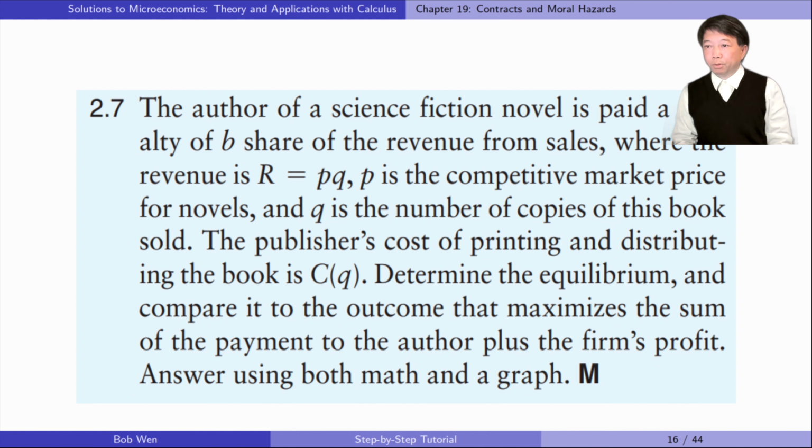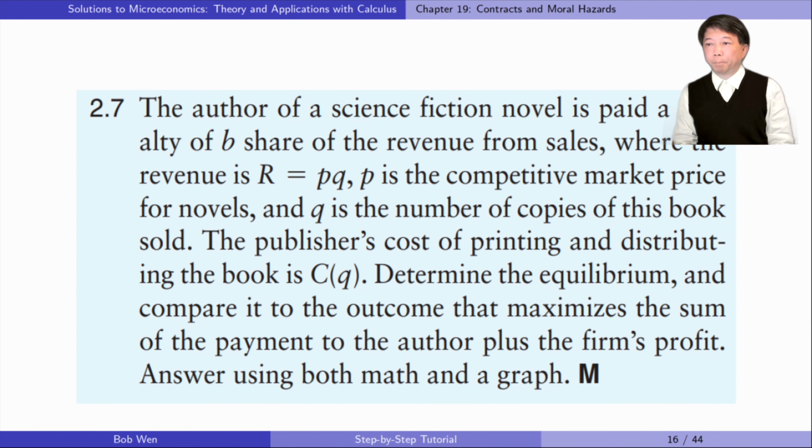The publisher's cost of printing and distributing the book is CQ. Determine the equilibrium and compare it to the outcome that maximizes the sum of the payment to the author plus the firm's profit. Answer using both math and a graph.